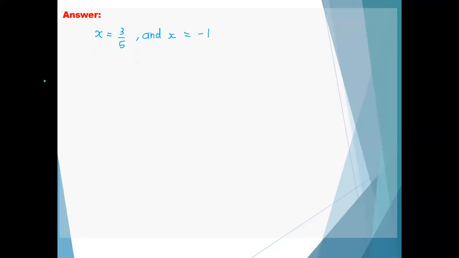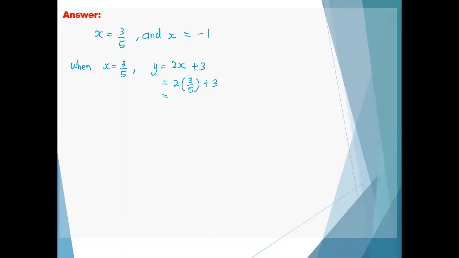So, when x is equal to 3 over 5, y we have 2x plus 3, equal to 2 times 3/5 plus 3.